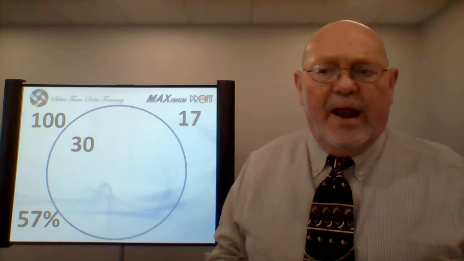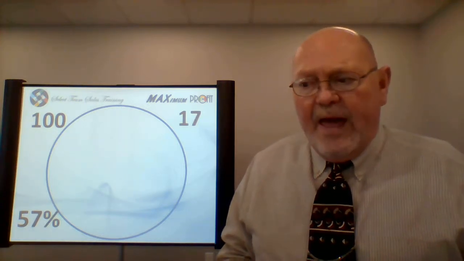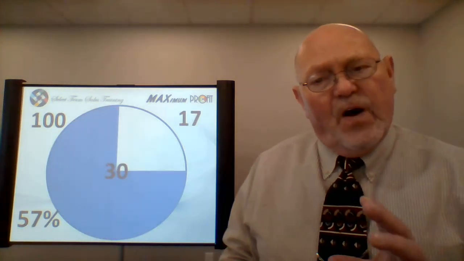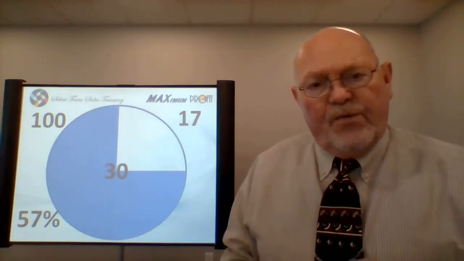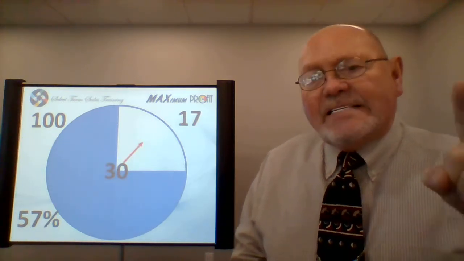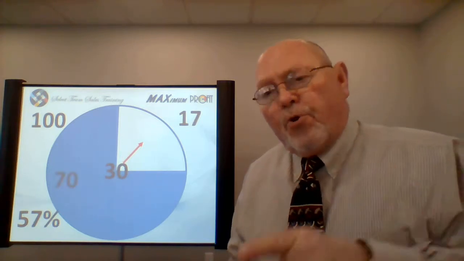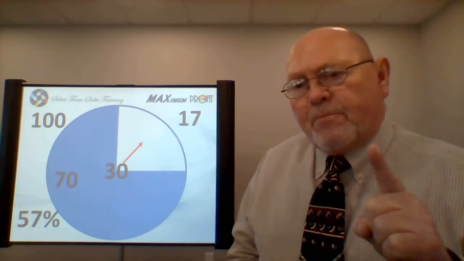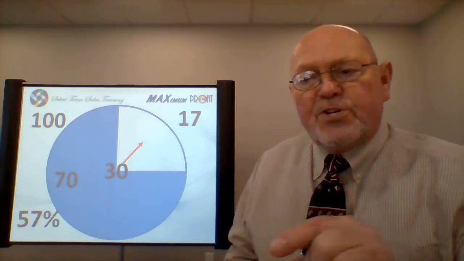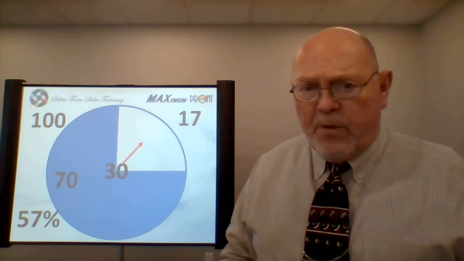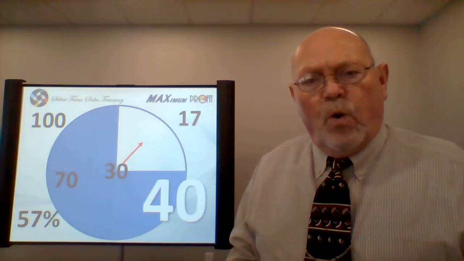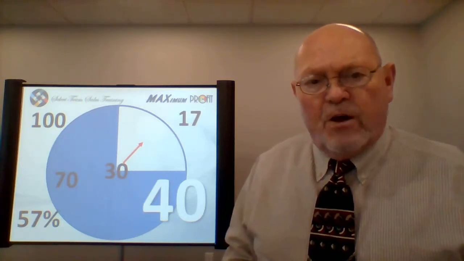I look at this and I say, we have to do a better job up front. And to do that better job up front, I'm saying, what if we lost 30 people, but brought 70 people through the process? If we could bring 70 people through the process rather than 30, using the 57% closing ratio that we already have, we would wind up closing 40 out of that 100, giving us a 40% closing ratio.